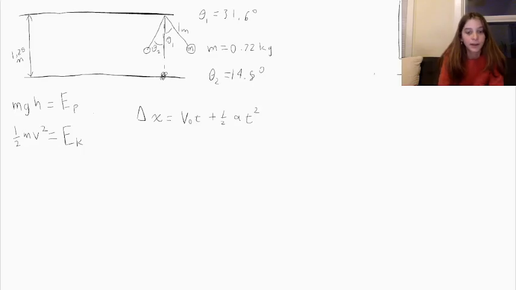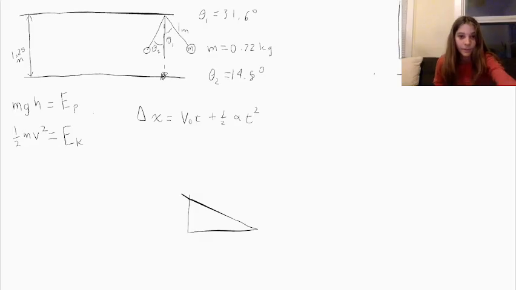Also, we need to learn a little bit about trigonometry. Trigonometry is figuring out certain ratios of side lengths of triangles. Let's call this angle A, and this angle B. And our third angle is a right angle.